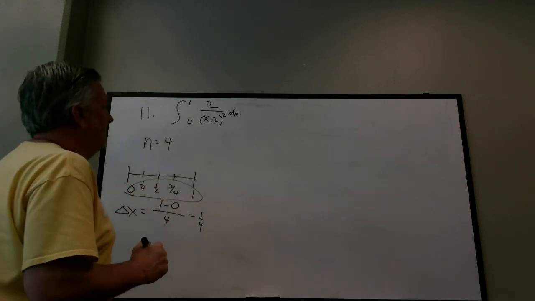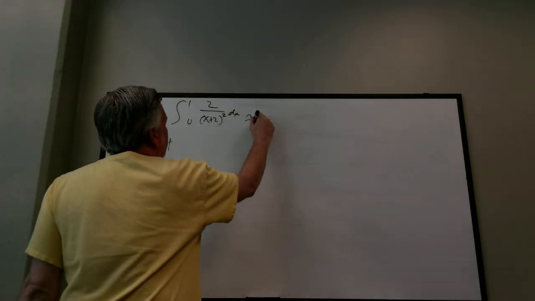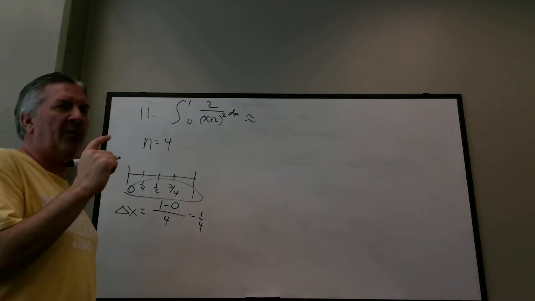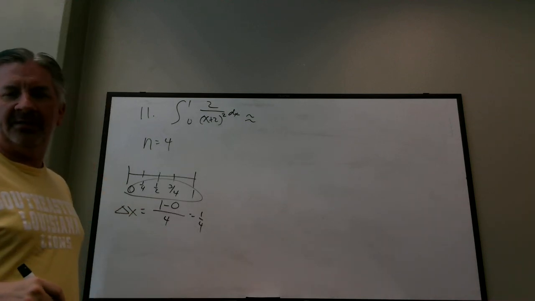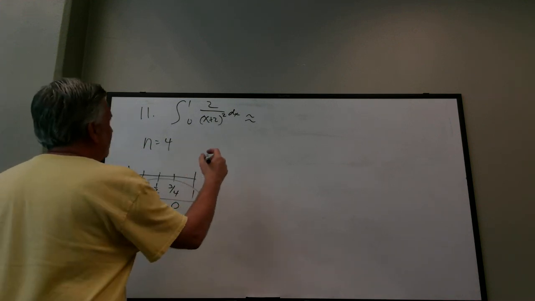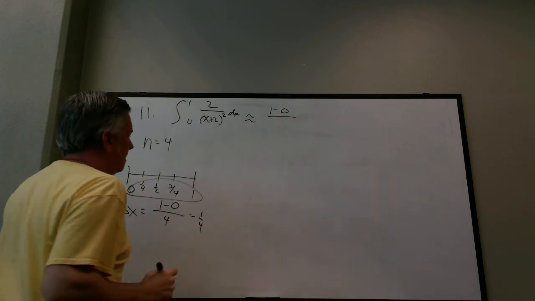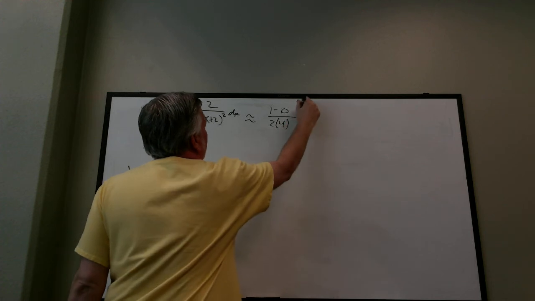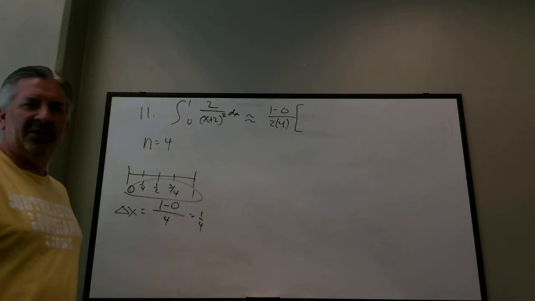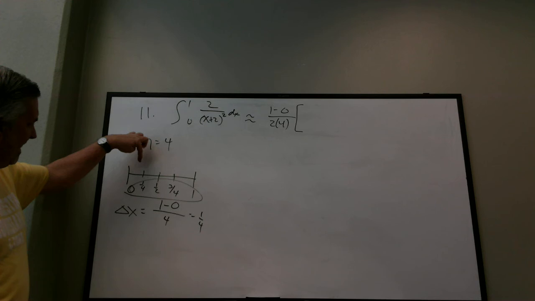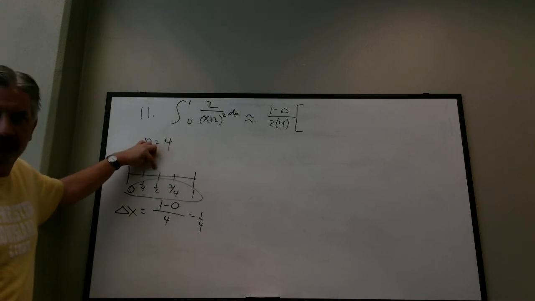Okay? So according to the trapezoidal rule, this integral is approximately, now remember what the formula says, it's half delta x, or b minus a over 2n. So it's b minus a, 1 minus 0, over 2n, times, now remember the generic formula for trapezoidal rule says you take f of the left endpoint, 0, f of the b, f of 1, and 2 times f of all the ones in between.